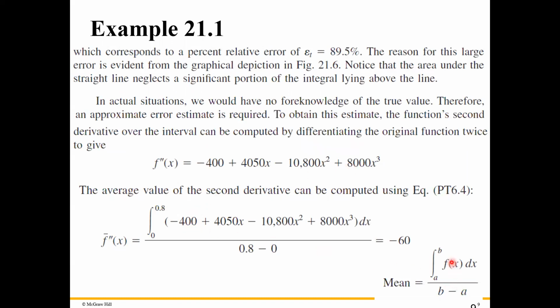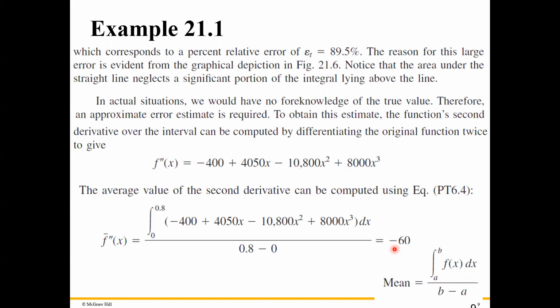The formula for the average value in integration terms is given by this, so it is divided by b minus a. This comes out to be minus 60.